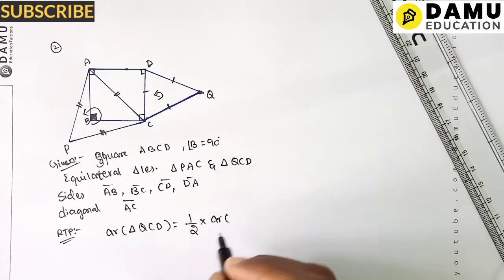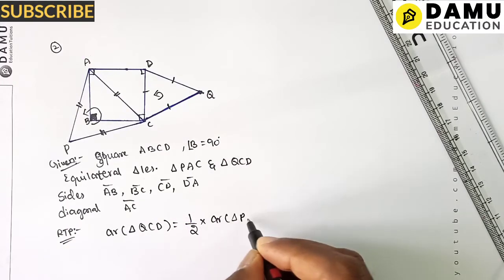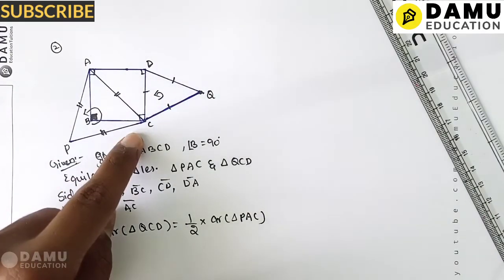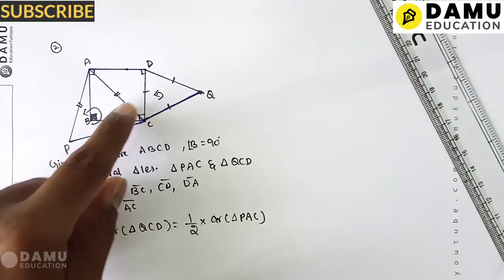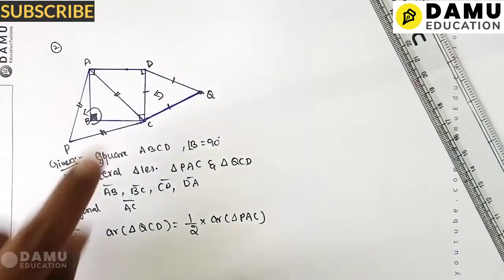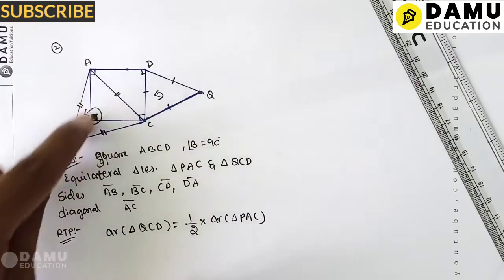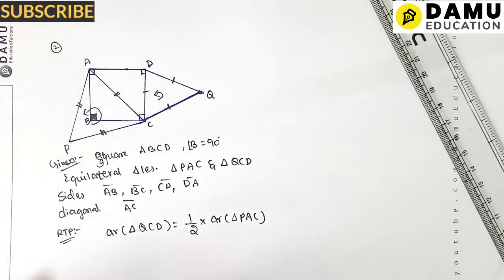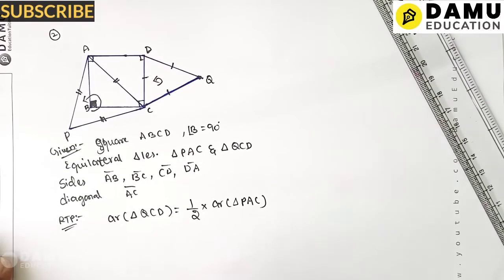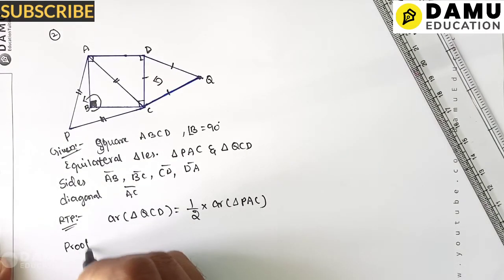So always, for the triangle on one side of the square, the triangle's area is half of the area of the triangle on the diagonal. But before getting into the actual solution, you should know the proof.